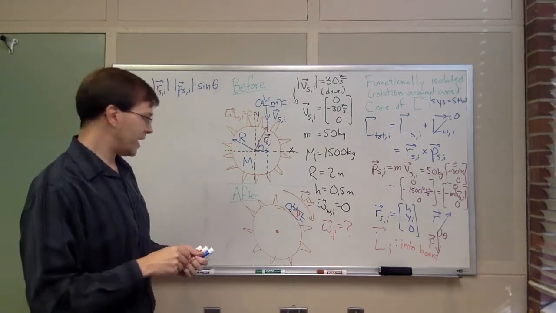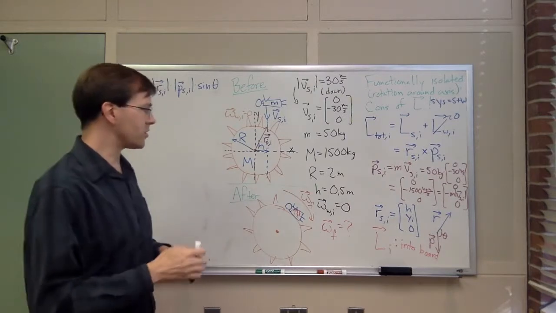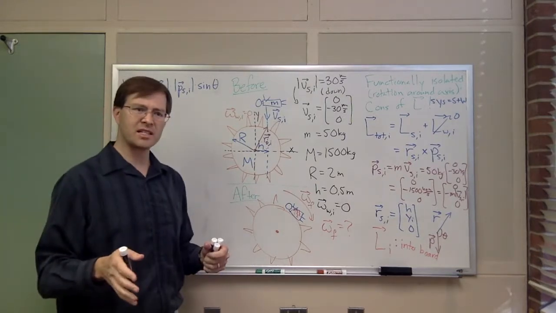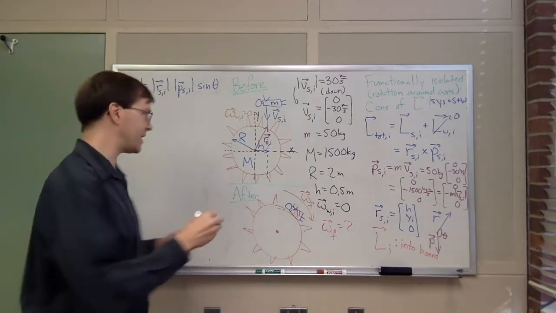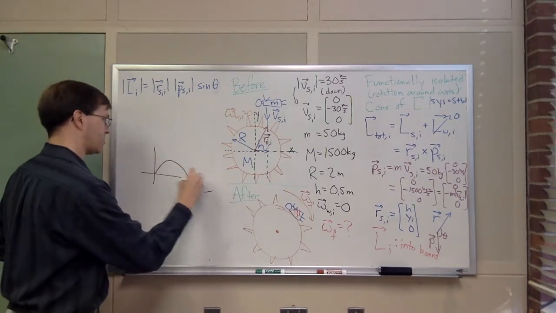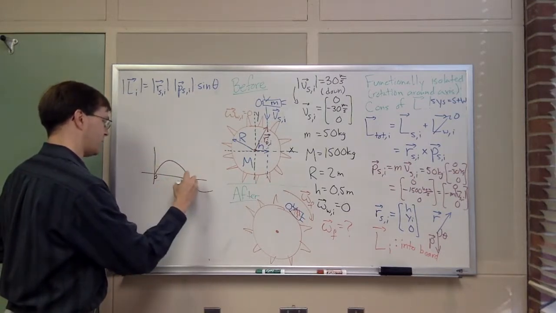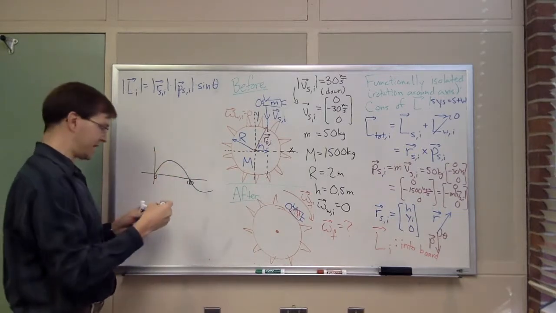However, it turns out there's a trig identity that could help us. Sine of theta is the same as sine of 180 minus theta. If you think about the graph of sine, it starts at 0 and goes like this. This is 0, this is 180. So sine of theta is equal to sine of 180 minus theta.